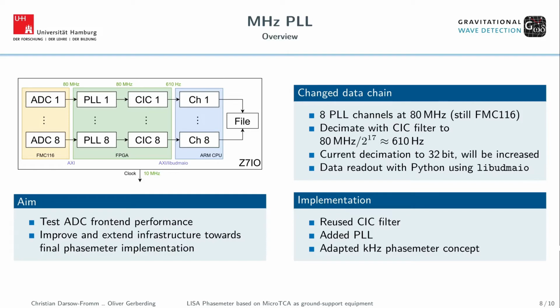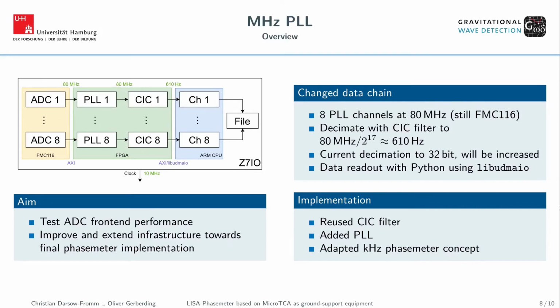Let's continue with our Megahertz PLL. So here you can see the scheme, the small overview. We have still our data acquisition card, and here on the FPGA is now a bigger part. So I've implemented an 80 megahertz PLL, then a CIC filter for decimation, and now Python is only used to get all those data and write it to a file.